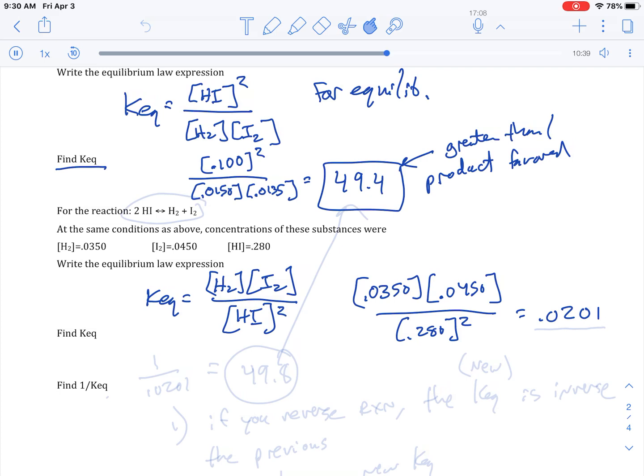All right. This reaction, because it's got a low value of KEQ, would be reactant favored. Now, remember how I said that this was a reverse of the first reaction? So what happens if I take the inverse of this 0.0201?